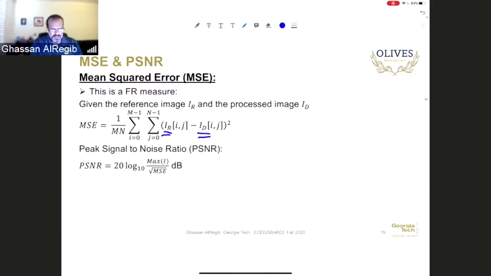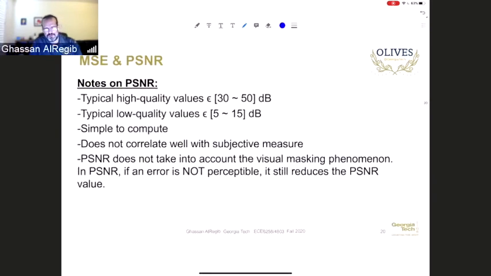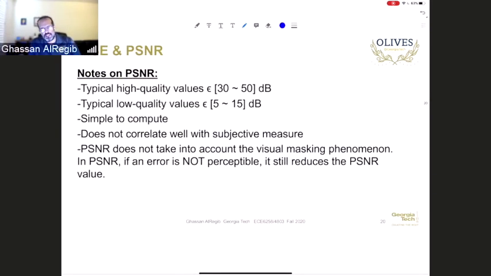As you can see from this calculation, it doesn't care about anything other than how you can compare point to point. So you can imagine if you take an image and shift it by just 5 pixels to the right, to the left, or to the southeast, then comparing pixel by pixel, you have a difficult time getting good quality, although the perceived quality is almost the same, not really affected.